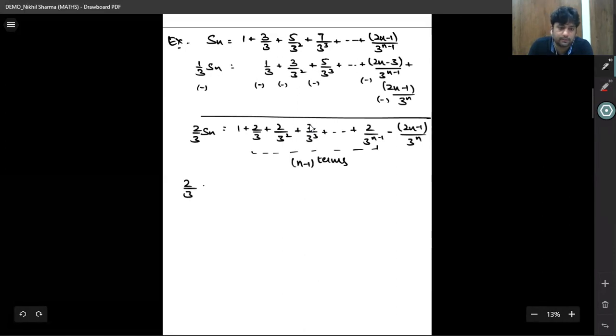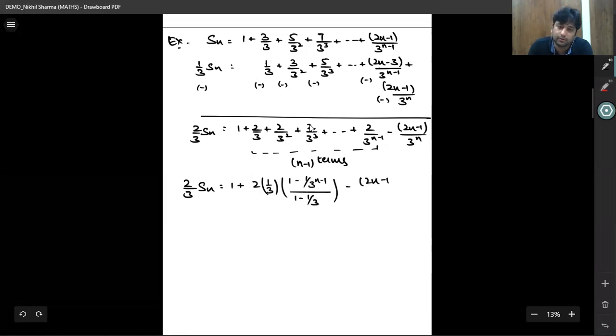2 by 3 times Sn equal to 1 plus, let me take 2 as common. Then first term would be 1 by 3, 1 minus 1 by 3 whole raised to n minus 1 divided by 1 minus 1 by 3.